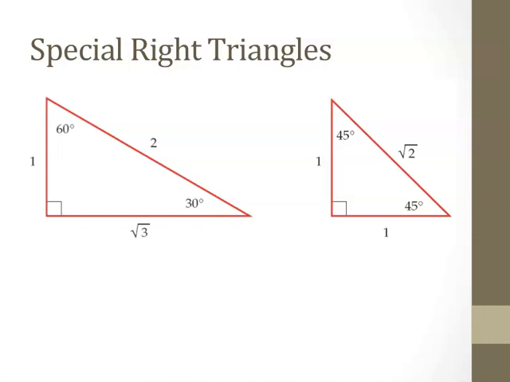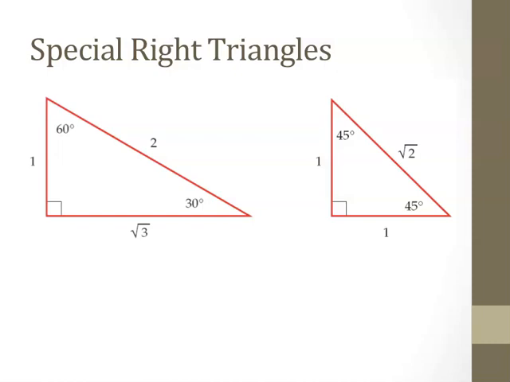So in the 30-60-90 triangle, the shorter leg is the 1 and the longer leg is the √3. So in any special right triangle that's a 30-60-90 triangle, we always know that the hypotenuse is always twice the length of the shorter leg. Now here, obviously I've used 1 and the hypotenuse is 2.